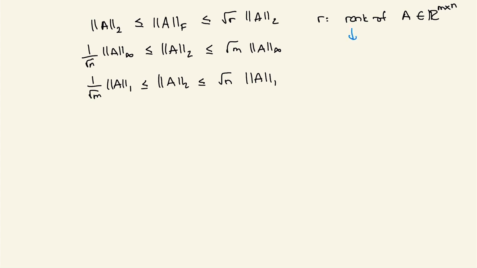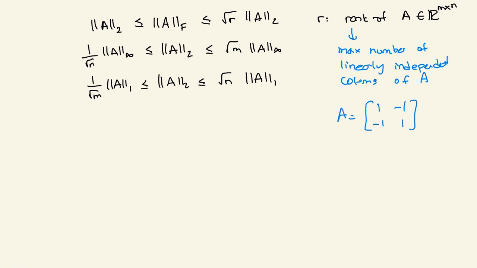Here, rank is the maximum number of linearly independent columns or rows of A. For example, let's consider this A: 1, minus 1, minus 1. Looking at the columns, you can take this column, multiply by minus 1, and produce exactly this column.